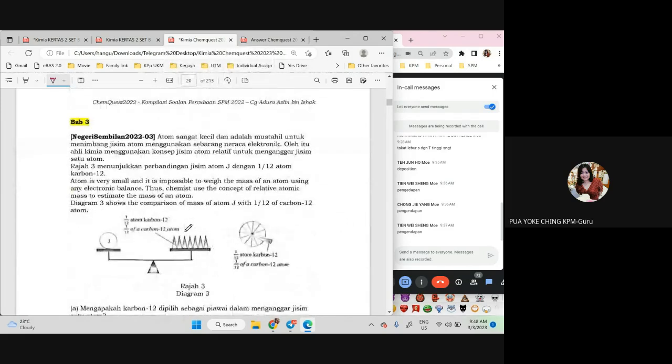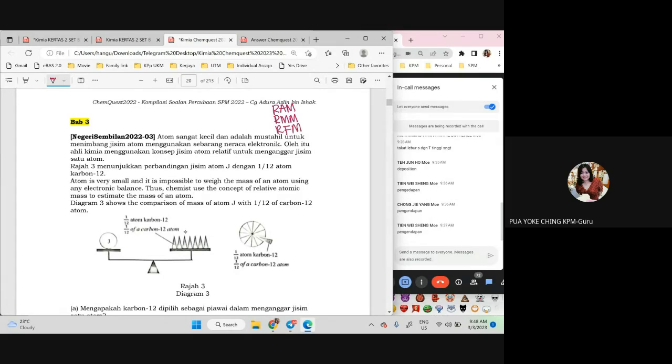Okay, for chapter 3, usually jarang dia keluar dalam satu bab, satu soalan. Sebab chapter 3 is regarding your relative atomic mass, RAM, RMM, RFM. Okay, I rasa ini tak ada apa.